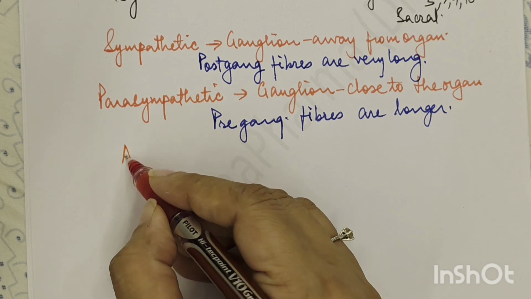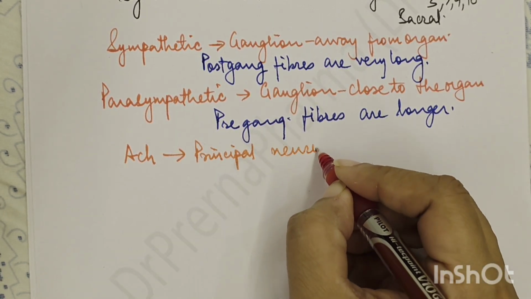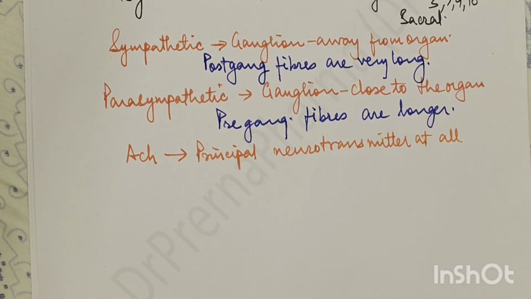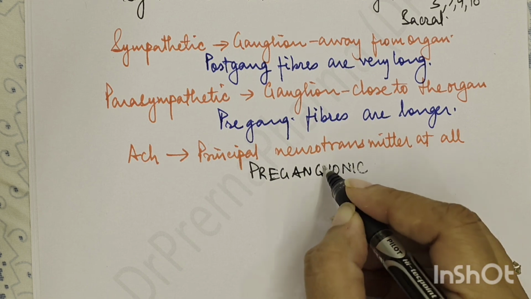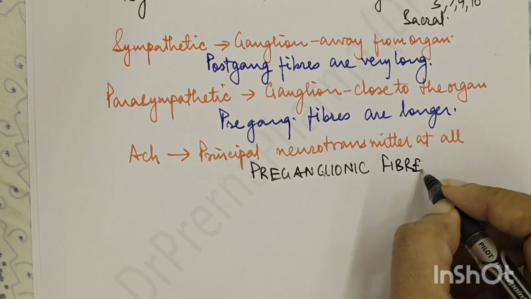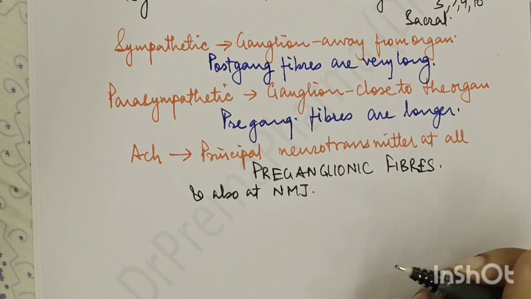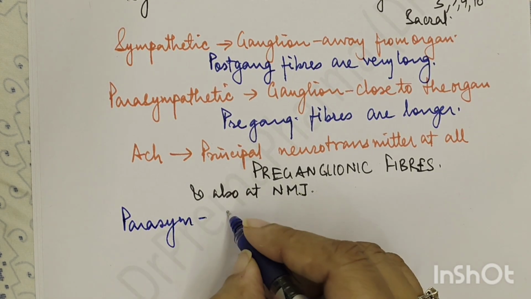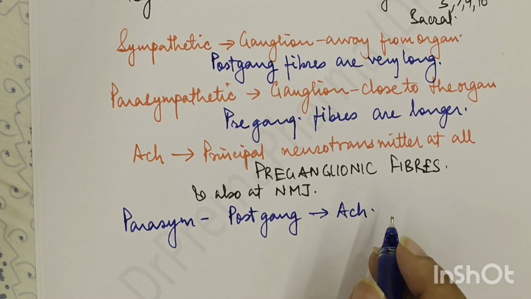Now acetylcholine is the principal neurotransmitter at all preganglionic fibers, remember this. And also at the neuromuscular junction, right? In parasympathetic, postganglionic fibers also release ACh, that is acetylcholine.